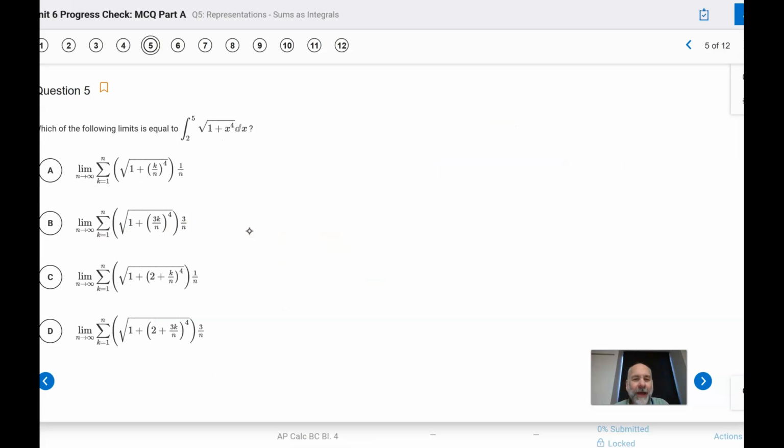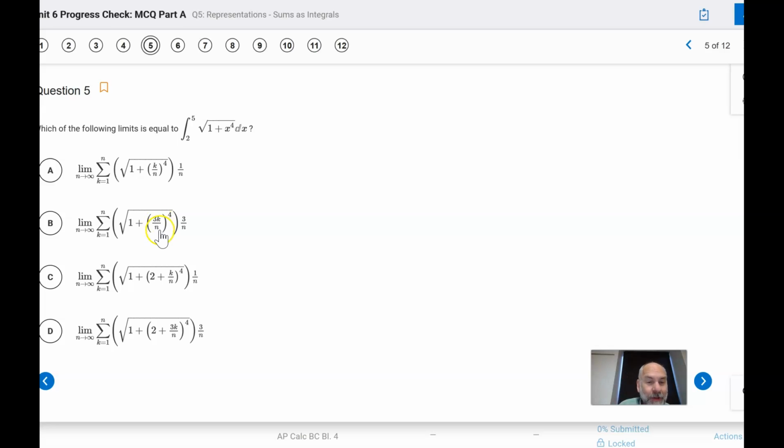All right, so you can go back and see some differences in the notes. I can't mark on this, I could, but it's going to be too much of a pain. Notice how some of these have 1 over n as the widths at the end, and some of them have 3 over n. And some of them have the function with just 3 over n, and they use k instead of i.